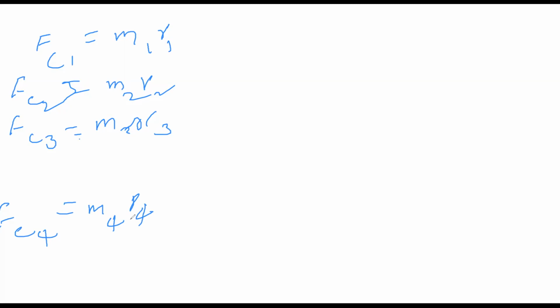Now, in this diagram, the inclination is already known. The m1 mass is inclined at about 45 degrees, m2 at 90 degrees, m3 at 135 degrees, and m4 at 245 degrees. When we have the centrifugal force values, draw one horizontal line and choose one point.